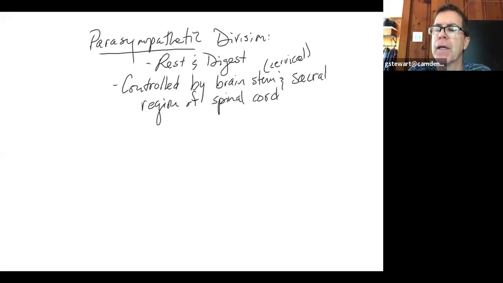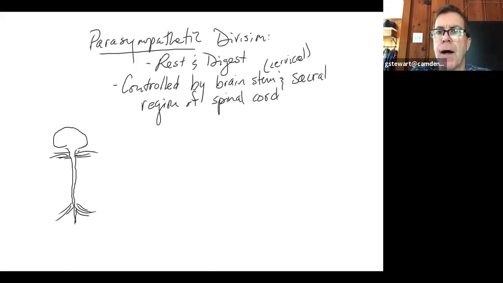Anatomically, really quickly, if this is a brain, here's the brainstem and spinal cord. The parasympathetic fibers emanate from the spinal cord up here in the brainstem cervical region and down here in the sacral region. So that's where the nerves emanate. Think high and low.